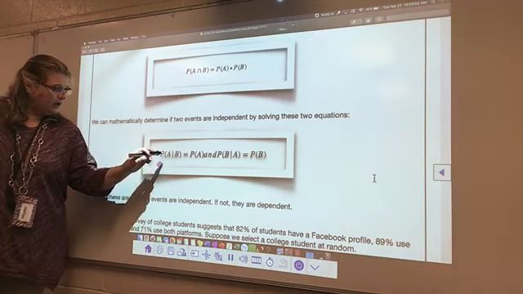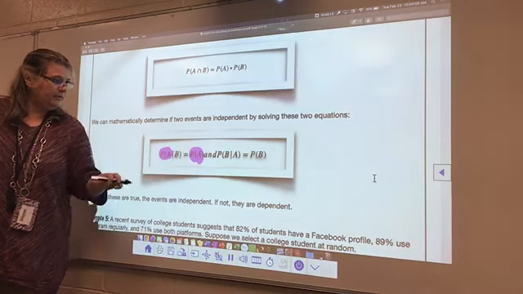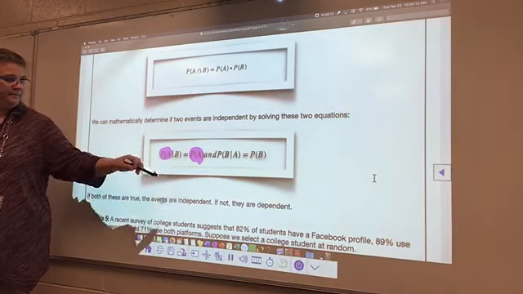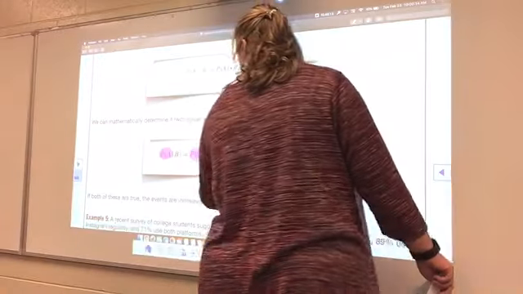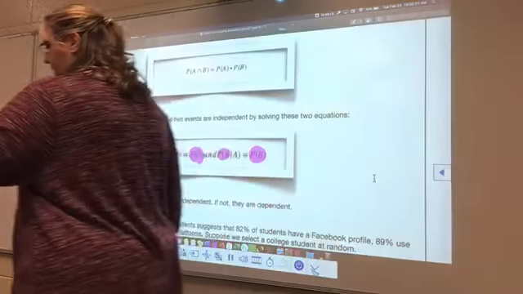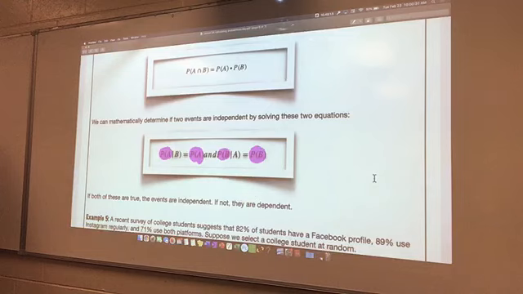You see here, I'd have to say, okay, well the probability of A has to equal the probability of A given B. And on this one, the probability of B has to also equal the probability of B given A. We're going to do some of those, don't worry. That's just your formula. We're going to do it on the next example. Okay?